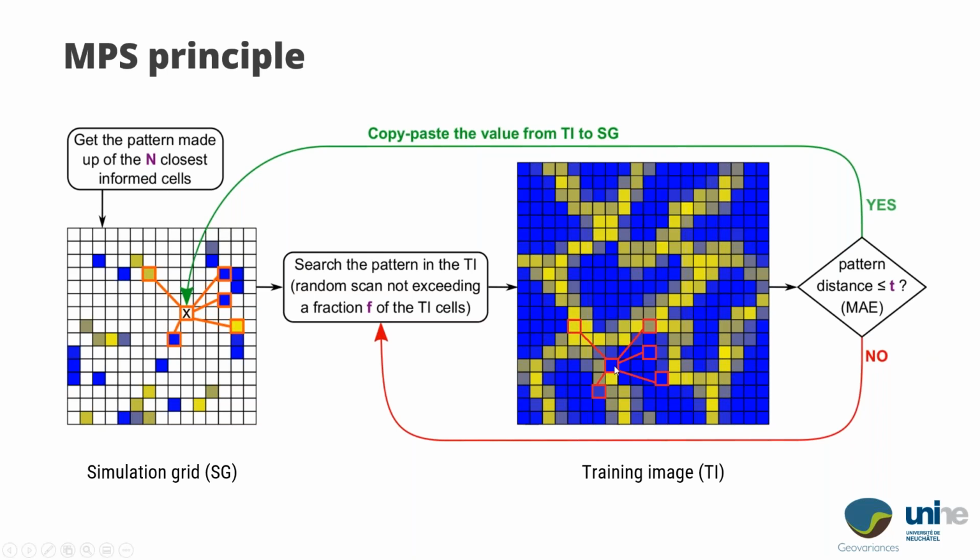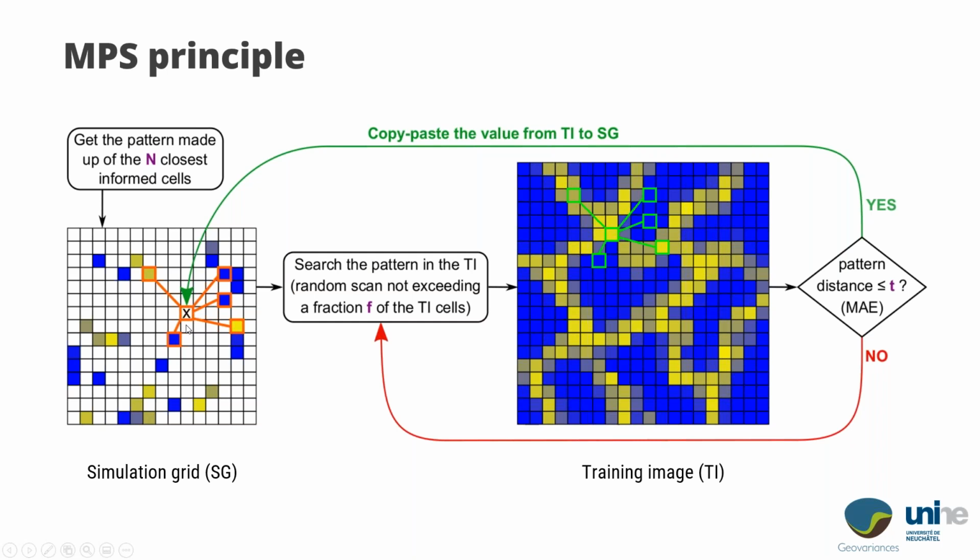And after that, we have to check if we have the same value or not. If yes, we can copy paste the value on the simulation grid, and if not, we try with another cell. It is the case here. So here we check if we have the same value in the pattern distance, the second parameter, and if yes, we copy paste the value in the simulation grid.